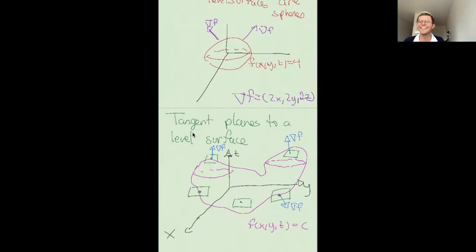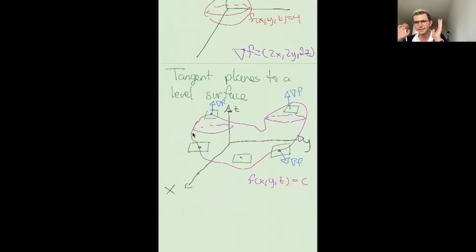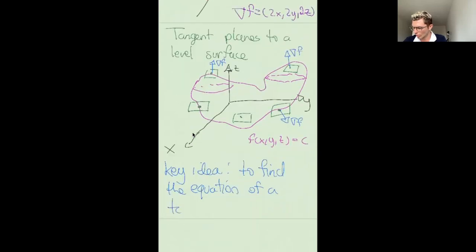And so the key idea is that for finding the tangent plane, you use the gradient as the normal vector. That's all that you need to remember. So key idea: to find the equation of a tangent plane, you need a normal vector, and for that you can take the gradient.